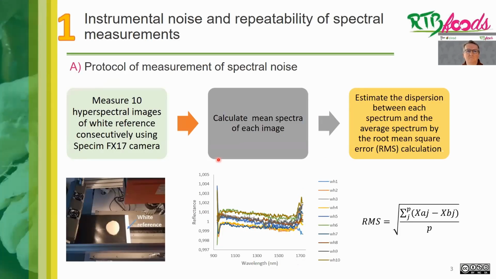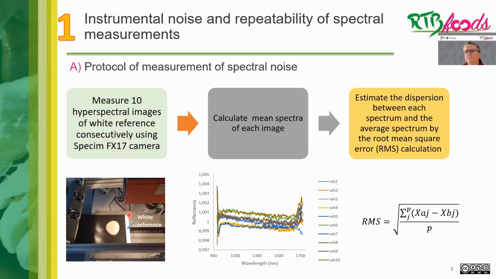For the instrumental noise and repeatability of spectral measurements, the first step is the measurement protocol. We take 10 hyperspectral images of a white reference consecutively, in repeatability conditions, using a Specim FX17 camera from IITA Nigeria.